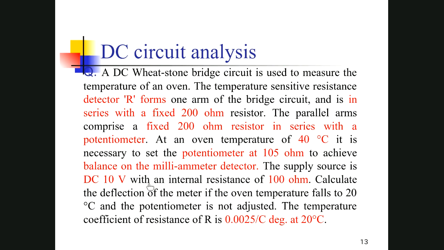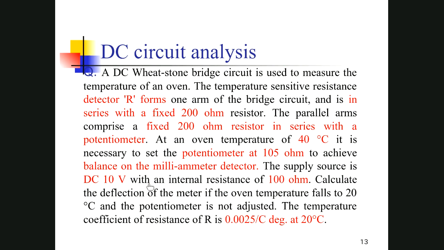Okay, in practice, we can adjust the adjustable resistor so that the two arms are balanced. Therefore, we can read the adjustable resistance to get the temperature of the oven.